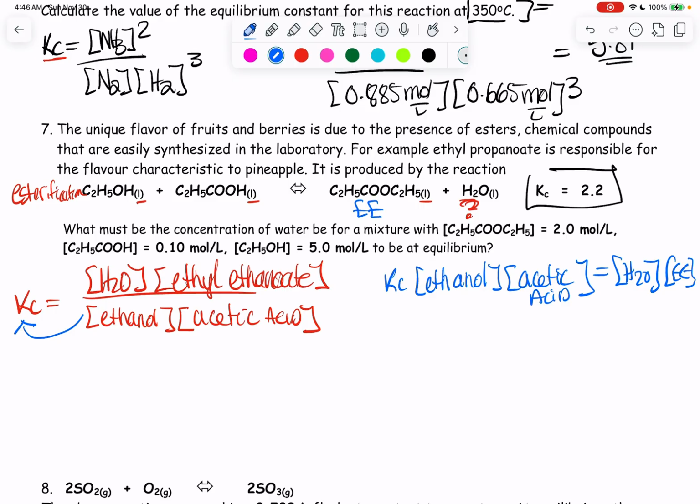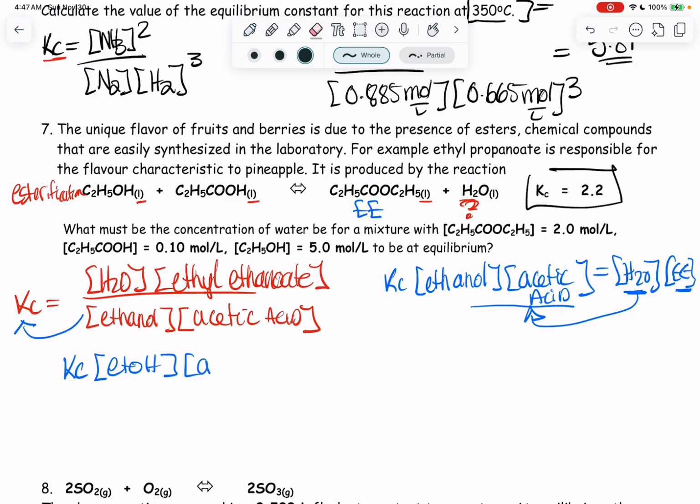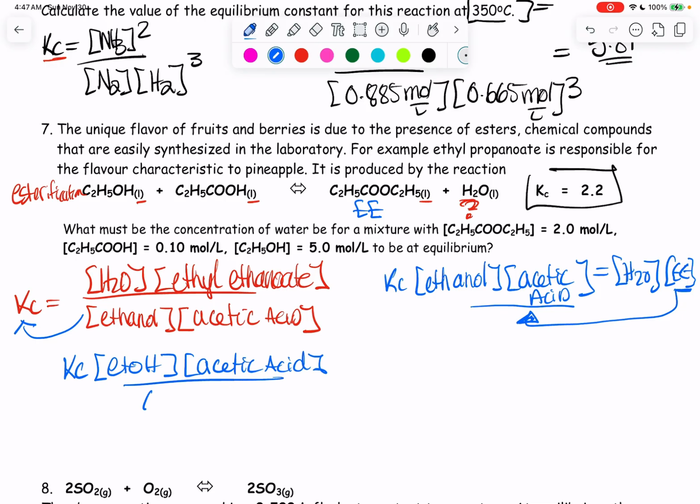So now I know I need to isolate water by dividing both sides by ethyl ethanoate. I'm moving ethyl ethanoate to the bottom. And dividing Kc times ethanol and acetic acid by ethyl ethanoate, EE, I can solve for water.